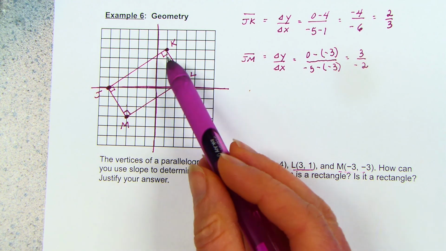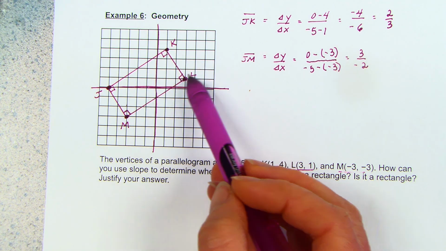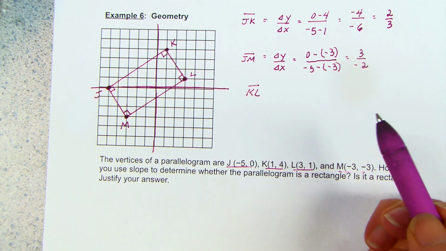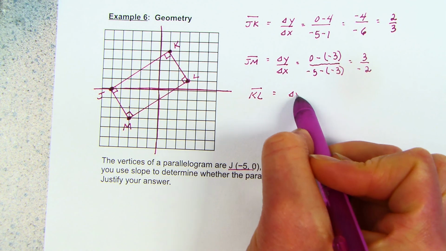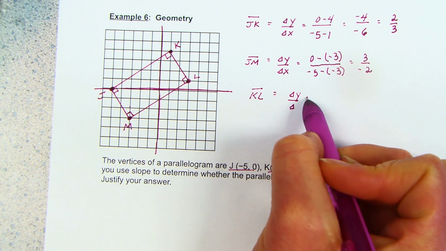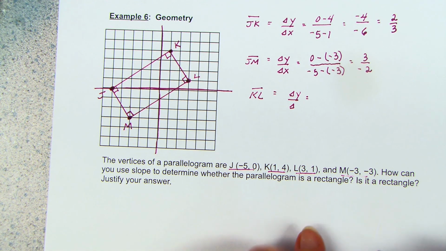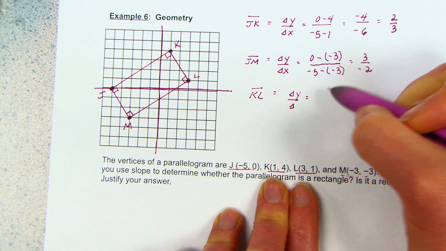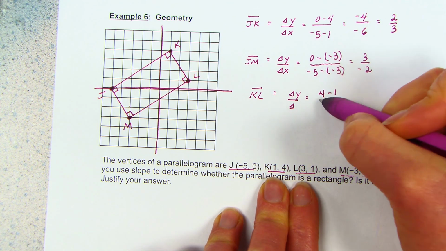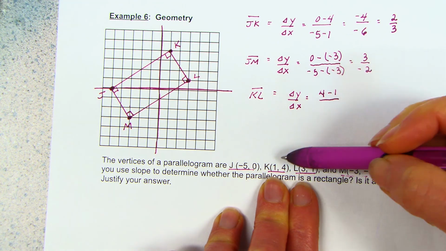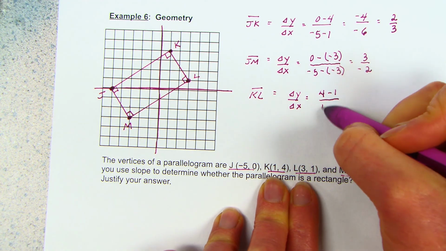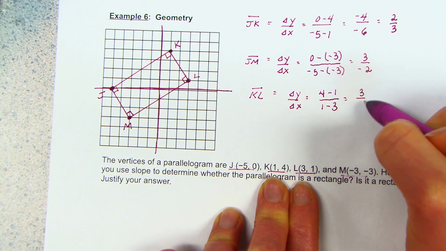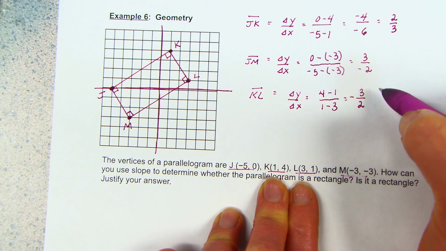All right. Let's check out KL. I might have to white out some of my little signs there. Okay, K and L. That's these two. My Y values are 4 minus 1, and my X values are 1 minus 3. 4 minus 1 is 3. 1 minus 3 is negative 2.